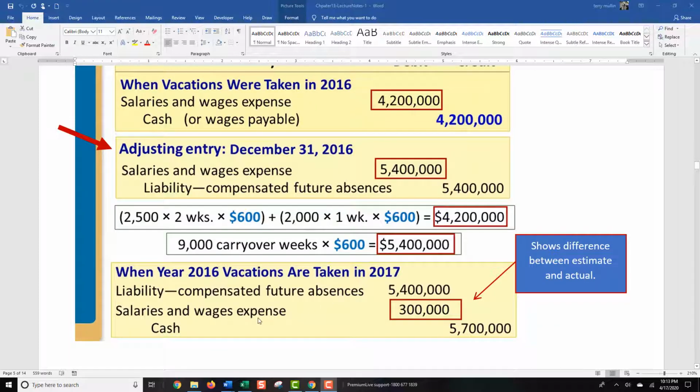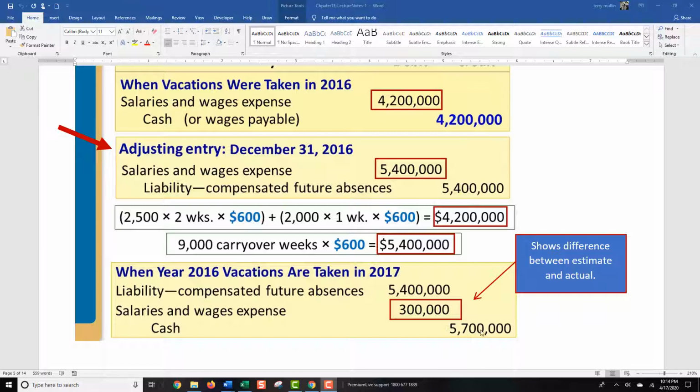Then in the next year, when the employees did take their vacation, the actual cash that they had to pay out was $5,700,000. The liability was $5,400,000, but remember that $600 was a guess. So you take the liability off the books, that cash was the actual amount, but you're short.